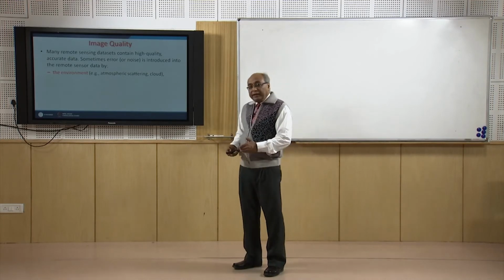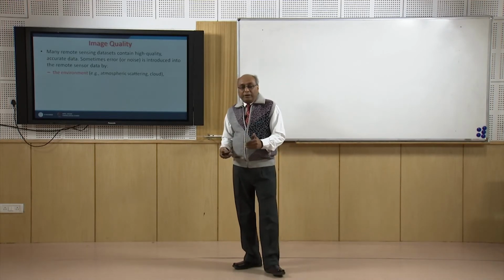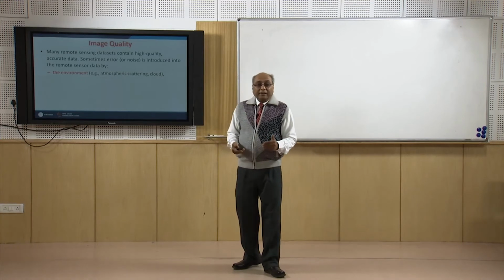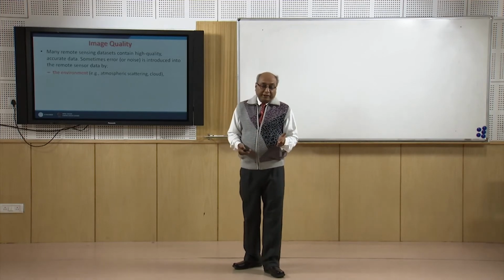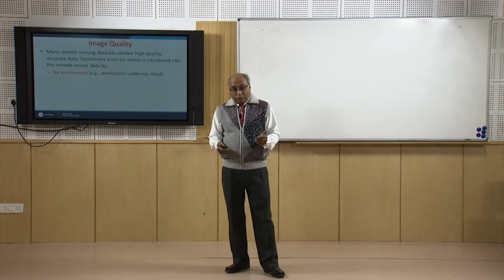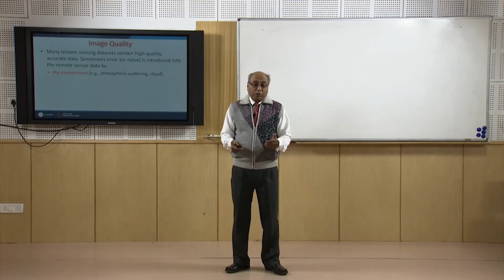For example, if season is not that important, then an image taken just after the rain, especially in the case of India, in northern India, where in winter time you generally have very hazy scenes.